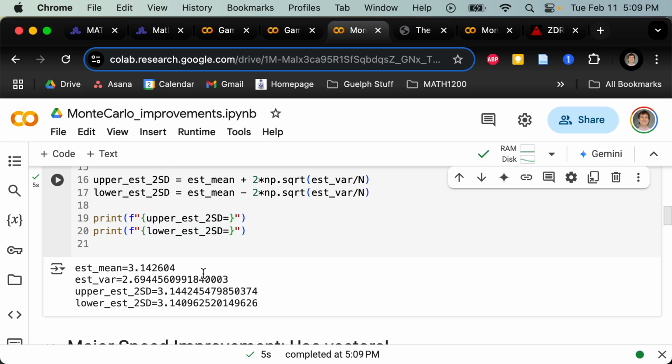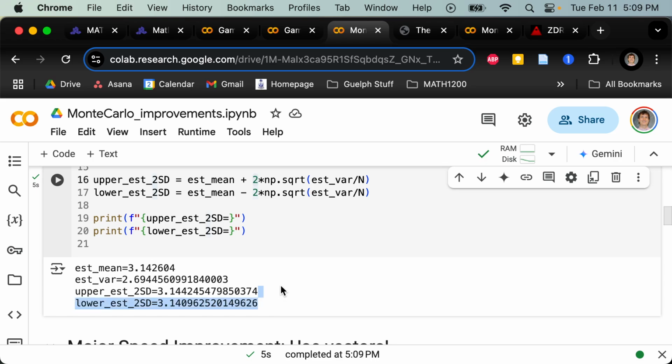It tells me I think the answer is 3.142, and I'm pretty sure the answer is between 3.144 and 3.140. So the true answer is in that region. This is only right 95% of the time because I used 2 standard deviations. But now I have a sense of how accurate this is. I know it's somewhere between these 2 things.